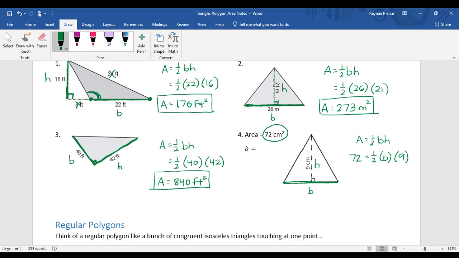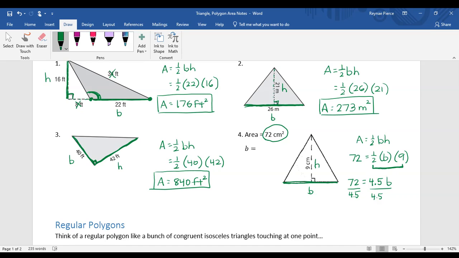A couple different ways we can go about solving this. One way, we can multiply the numbers that we have on this side. The left side stays the same. 1/2 times 9 is 4.5. And then we divide both sides by 4.5.